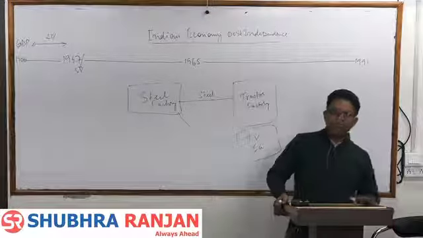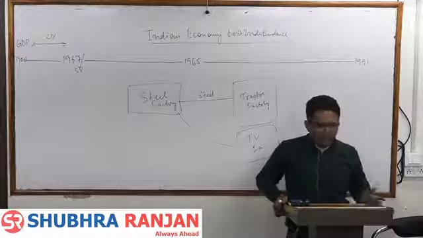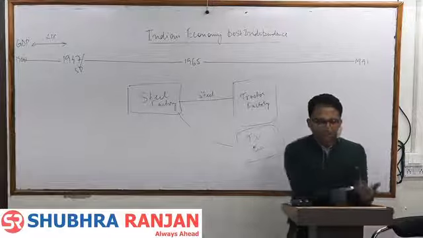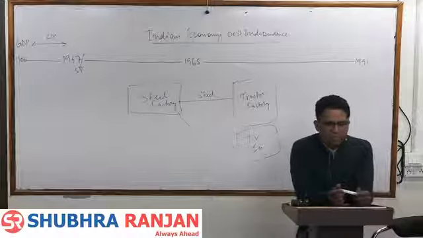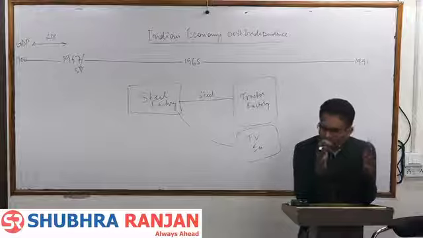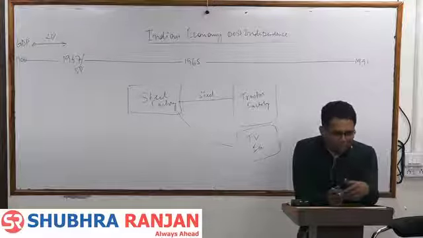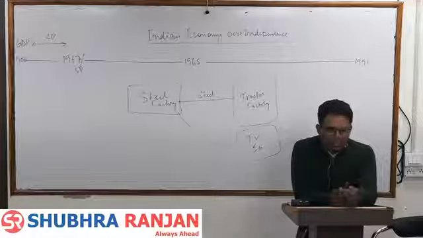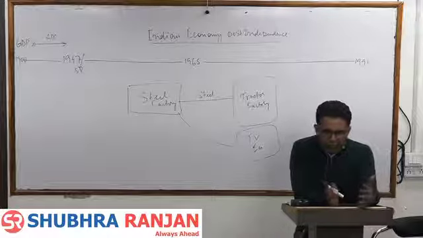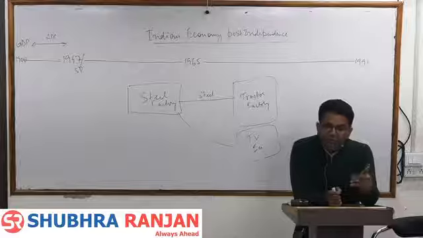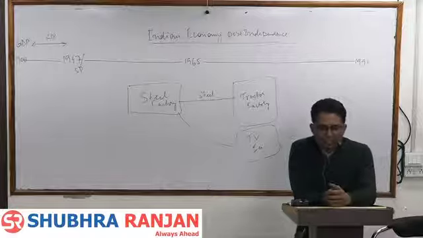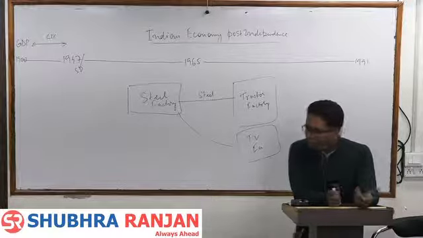ठीक है? Now, when we say capital goods industries, do you know why we say capital goods industry? दो context में होता है. Capital goods industry means you are setting up huge factories which will be producing capital goods. Now, when you set up huge factories, it requires huge capital, huge money. To set up a steel plant, you require huge money.